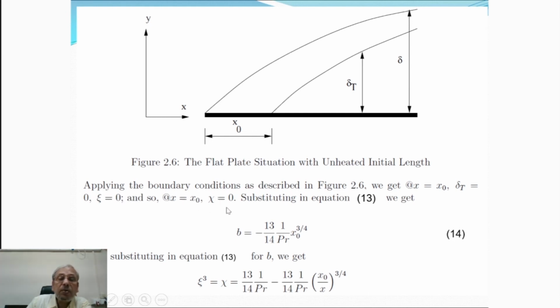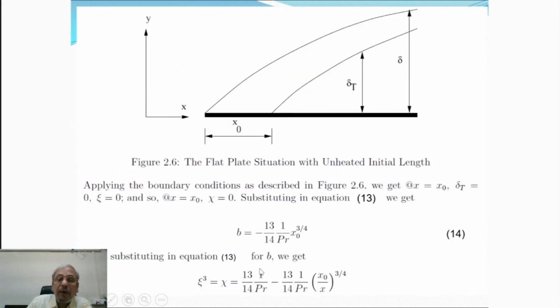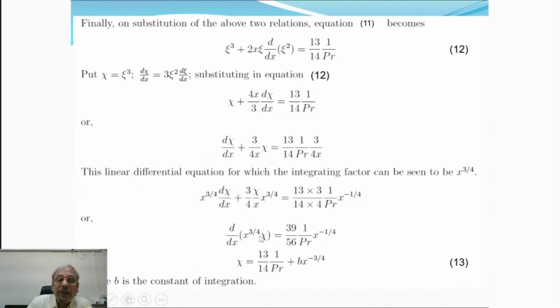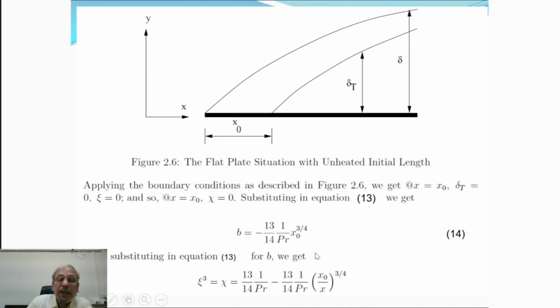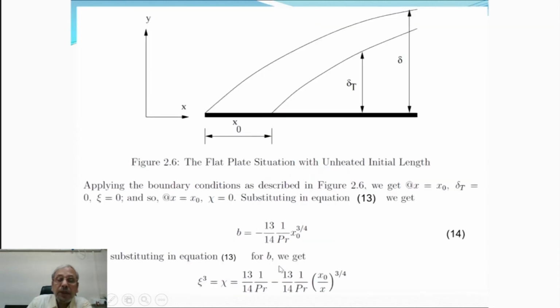So at x equal to x naught, chi is 0. We set this condition here. And from there, we get b. After this integration, we got this integration constant b. So b becomes basically minus 13 by 14, 1 by Prandtl number, x naught to the power 3 by 4.